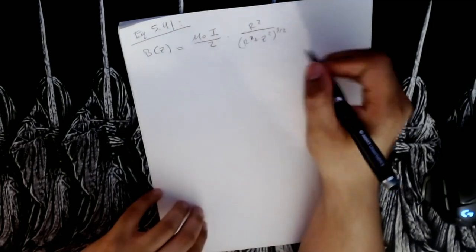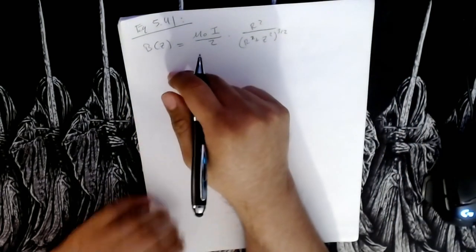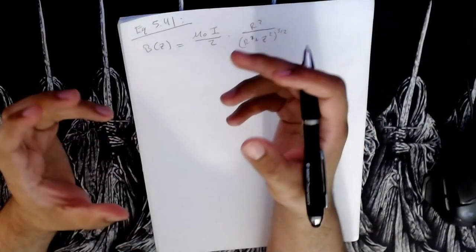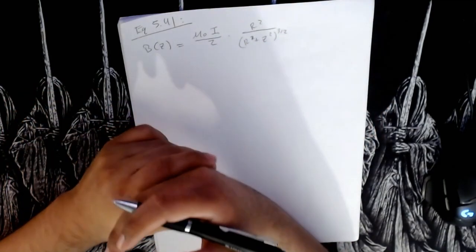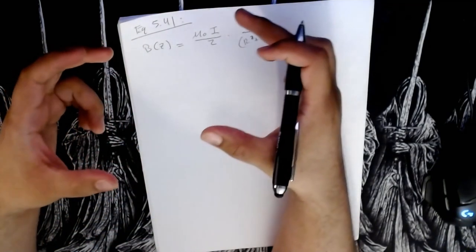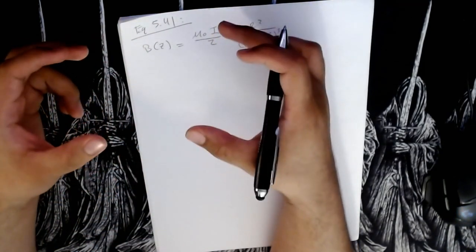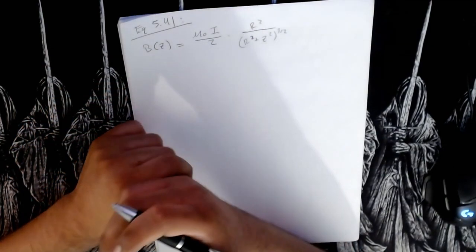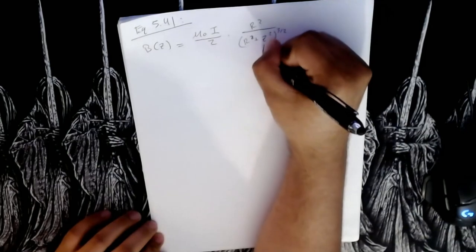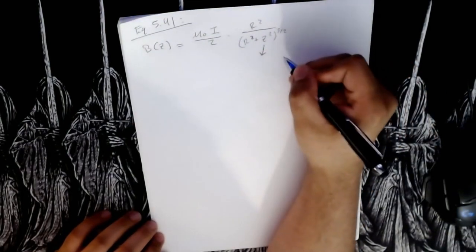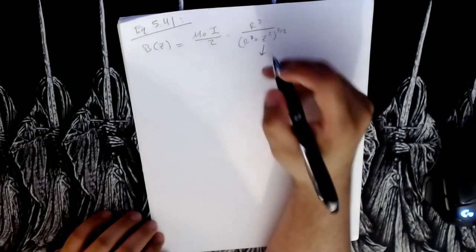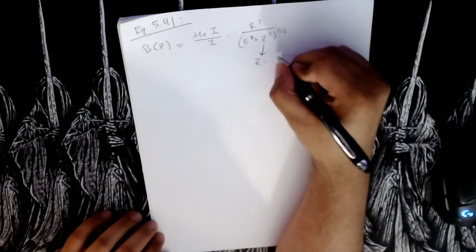So I want us to use equation 5.41 because the two problems are very similar. The only difference is that in problem 5.47 we have two circular current loops, and example 5.6 is just one. So for our purposes, the only modification we have to make is to transform our z.